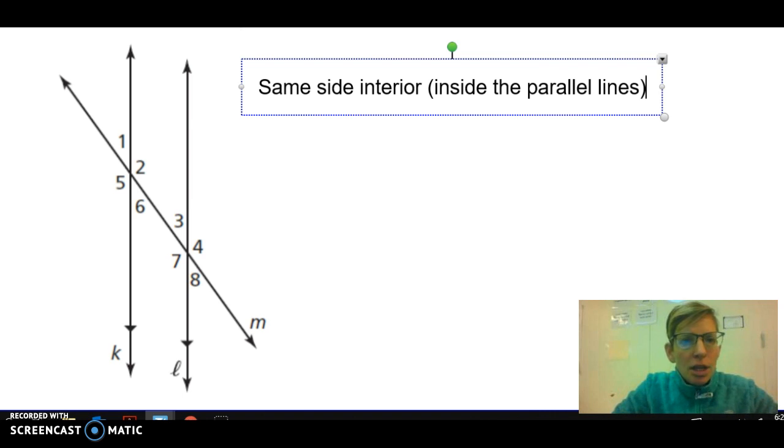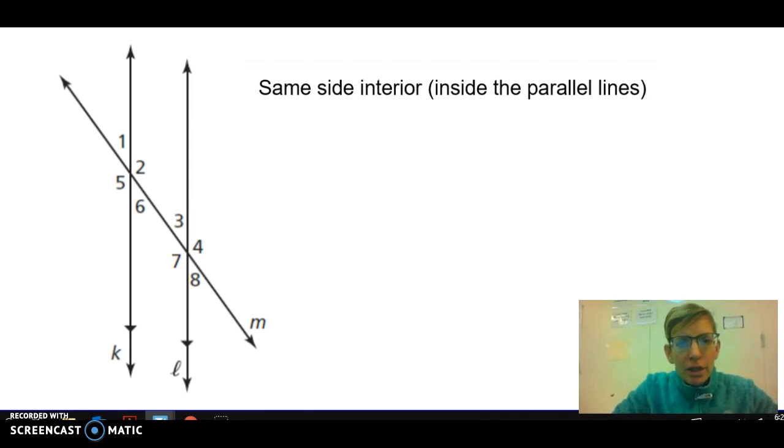Let's color in that space really quickly to define it. I'm talking about this space here, all of this space that's inside the parallel lines. That's what I'm talking about when I'm saying interior.